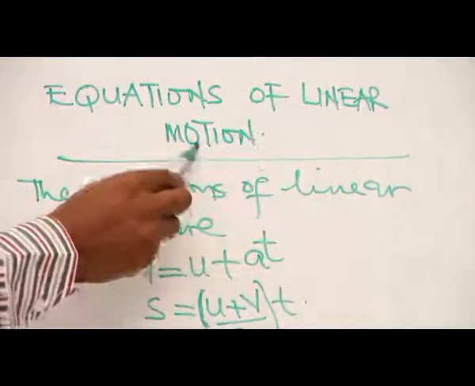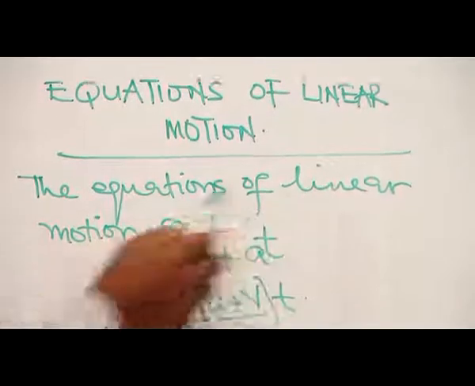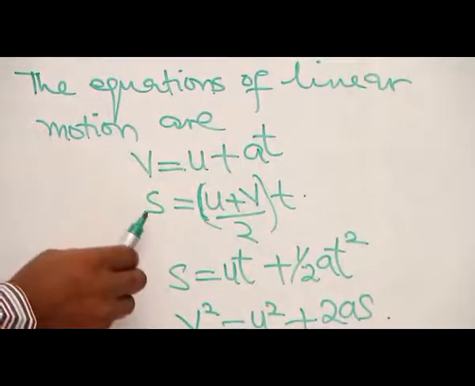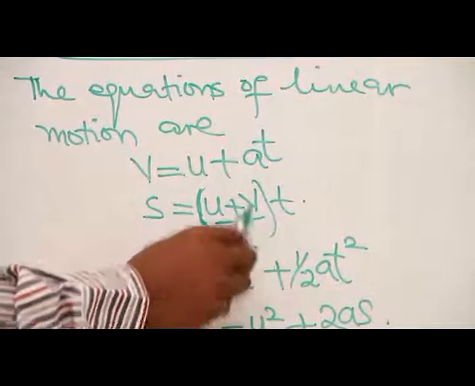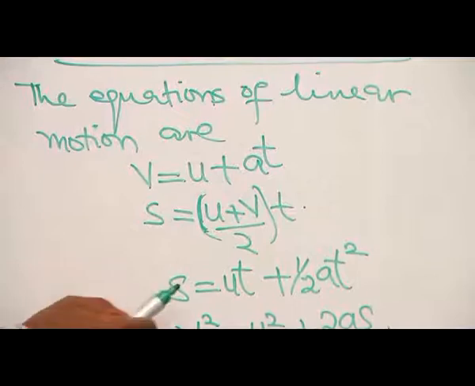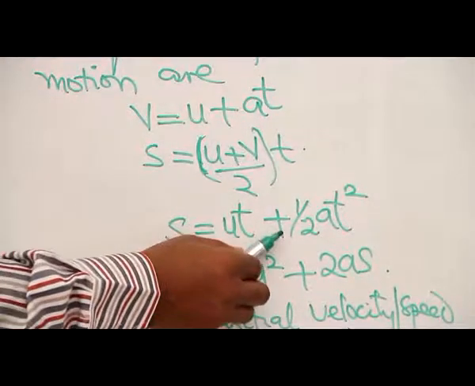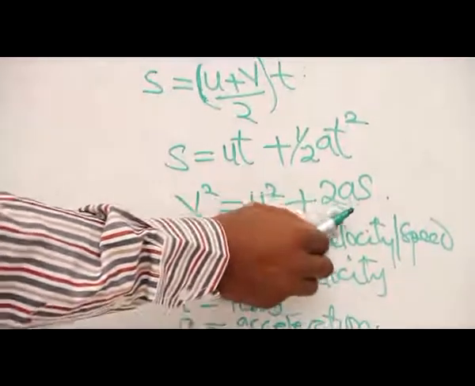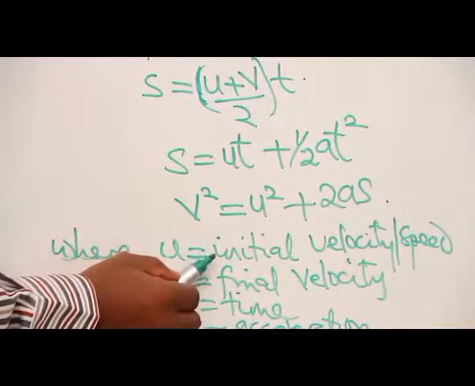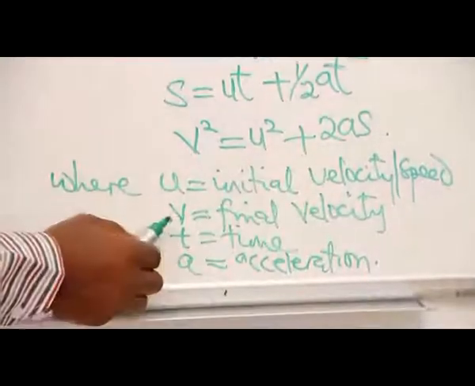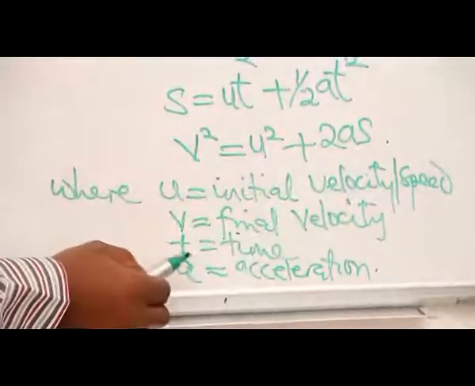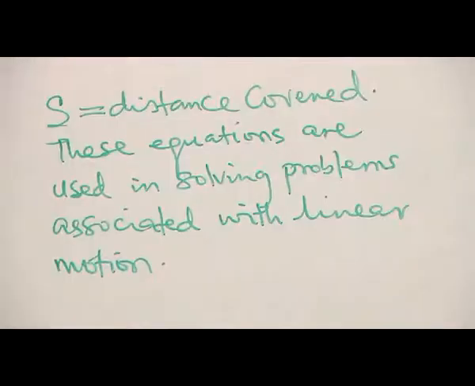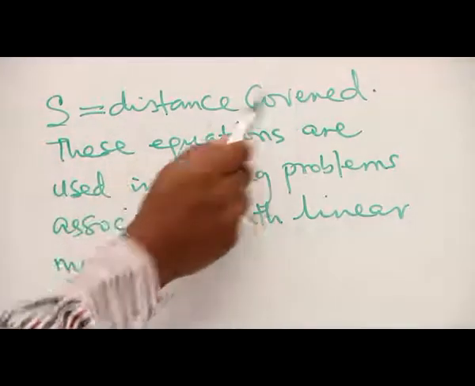Equations of linear motion. The equations of linear motion are v equals u plus at, s equals (u plus v) over 2, all multiplied by time t, s equals ut plus half at squared, v squared equals u squared plus 2as, where u is the initial velocity or speed, v is the final velocity or final speed, small letter t is for time, a is for acceleration, s is equal to distance covered.